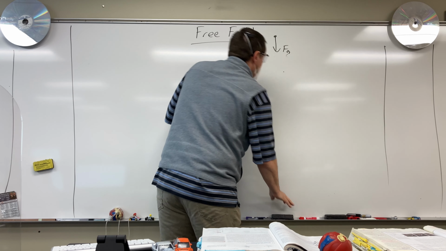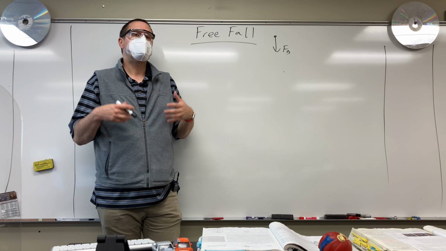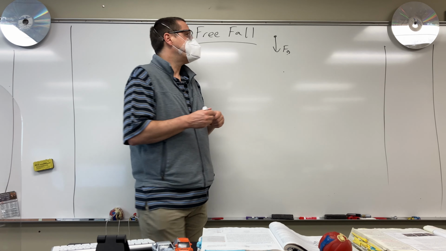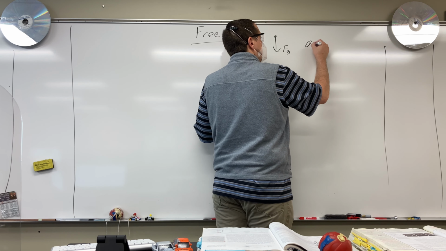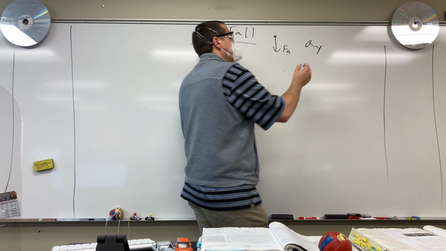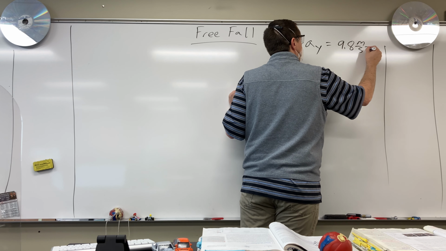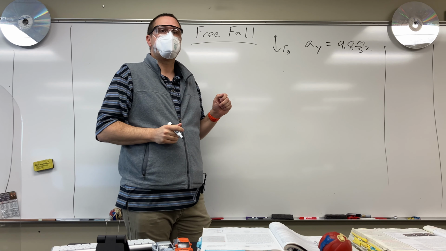Okay, and if there's only one thing acting on it, then our acceleration will be due entirely to that thing. So when we're in free fall, we can assume that the acceleration in the y direction is going to have a magnitude of 9.8 meters per second squared, as long as we're near the surface of the Earth.